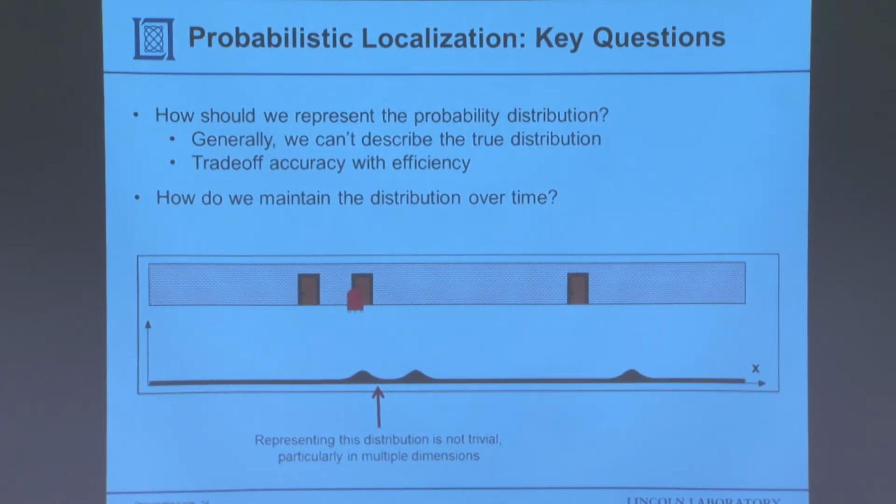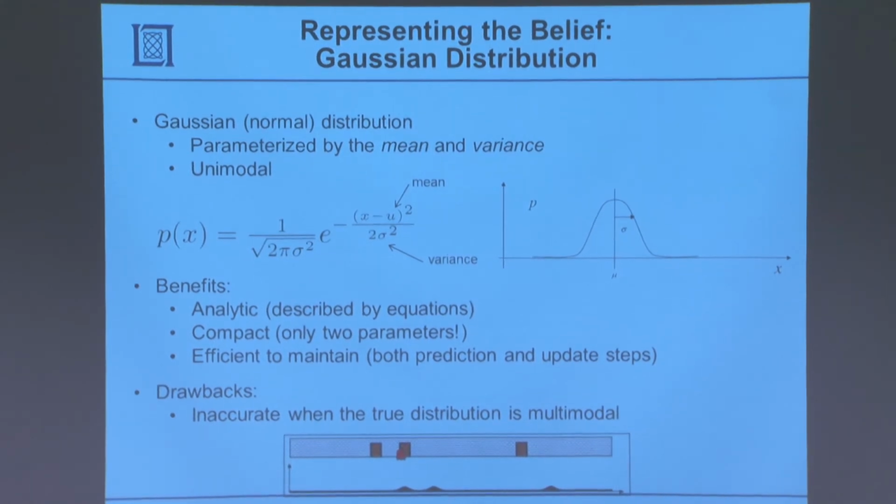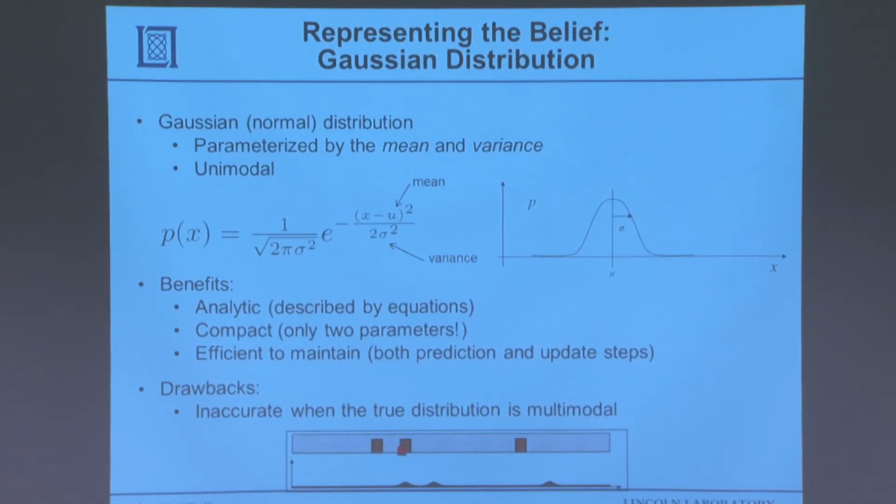So one of the challenges here is how do we actually represent that belief function? So here we're showing it kind of graphically, but a robot needs an algorithm to follow. One approach for representing the belief is by using Gaussian functions. Gaussians have some nice mathematical properties that lend them well to tracking a position over time. It's nice in that it has those properties and it's fairly compact.